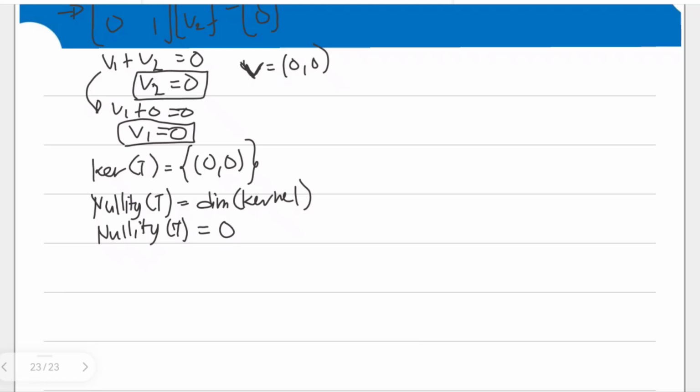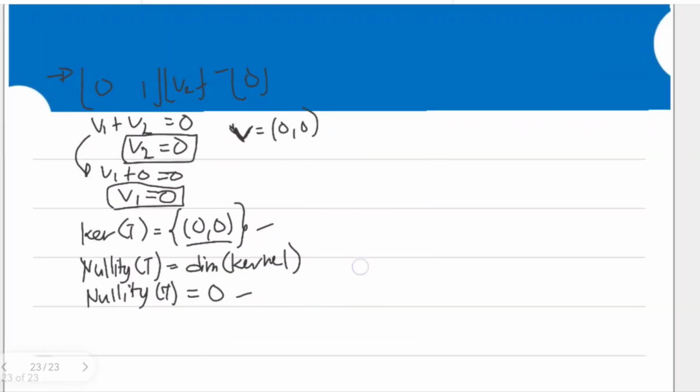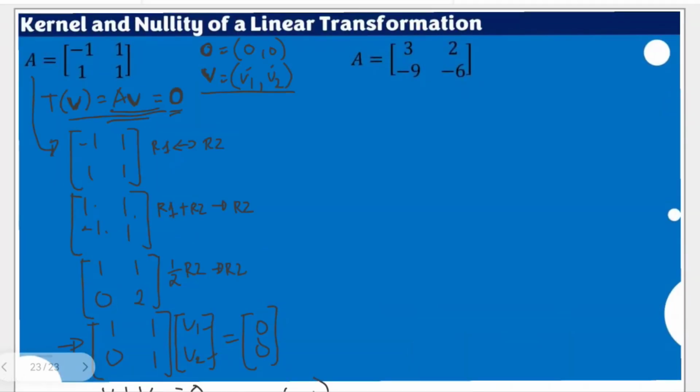So again, this only happens if the vector that is part of the kernel of T is just the zero vector itself. Okay, let's duplicate the same process for the second matrix. Let's come up with the row echelon form of this matrix. We have negative 6 here, so we can multiply row 1 by 1/3 to have a new row 1, so that this would be a leading 1.